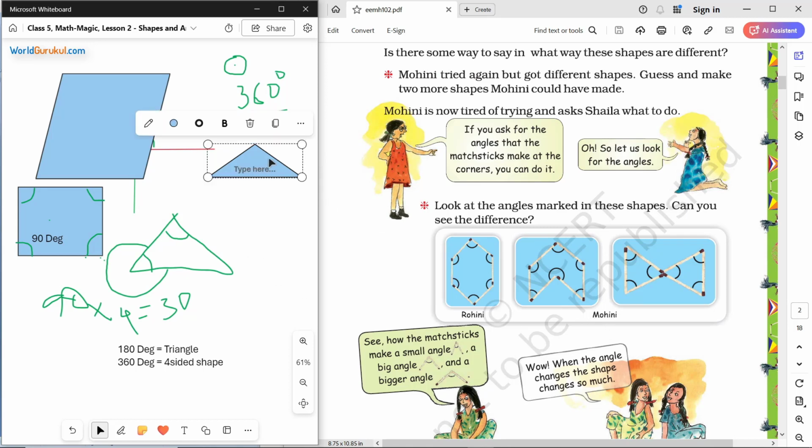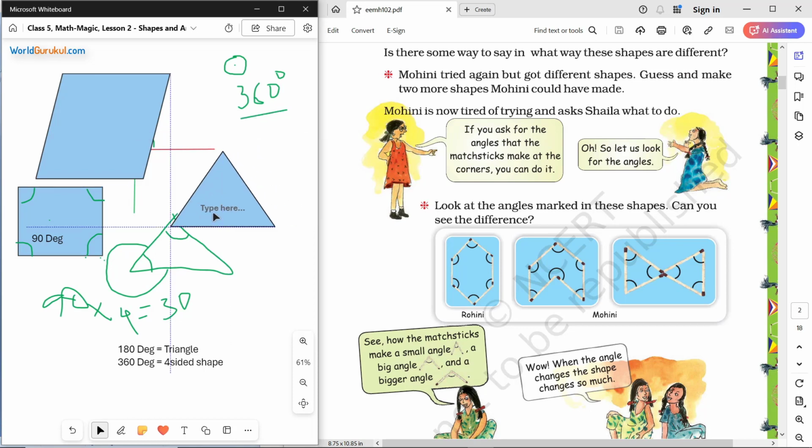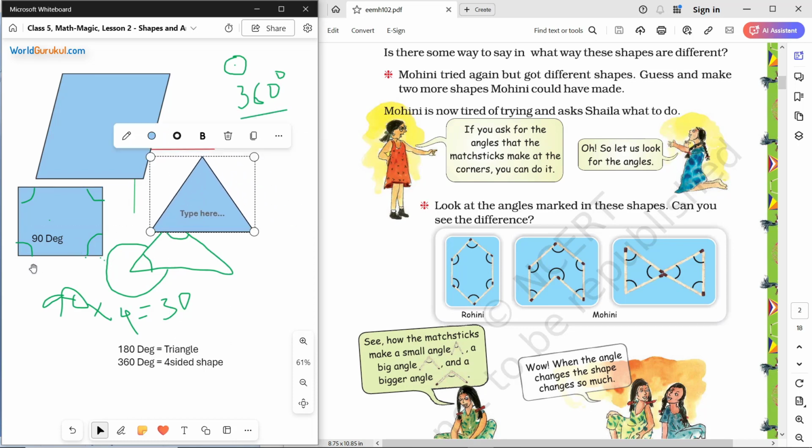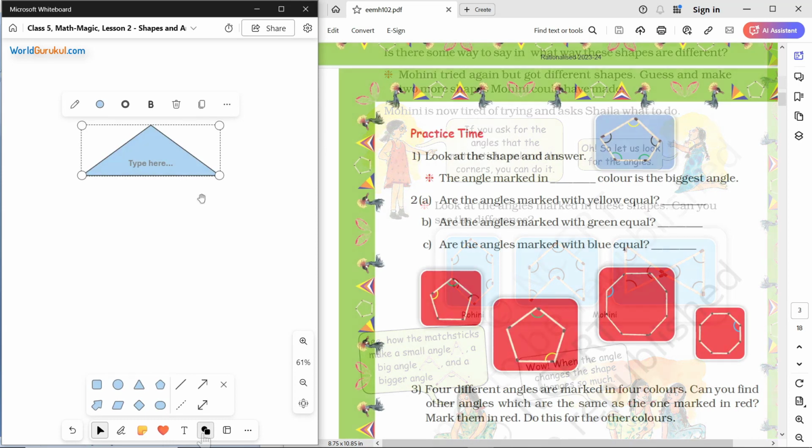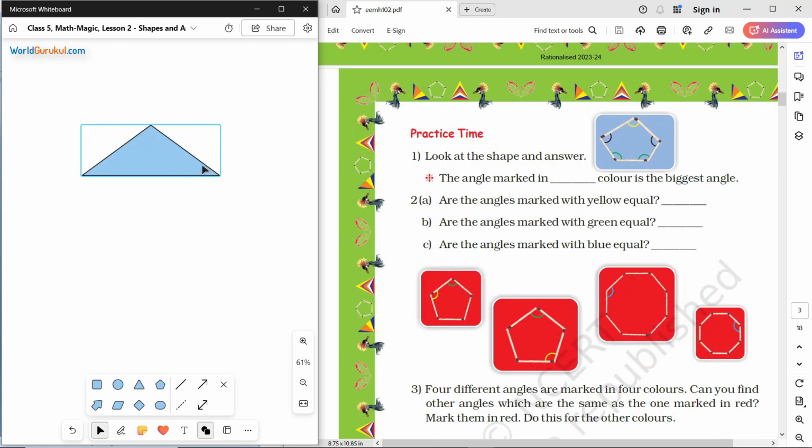See, when we are changing the angles of intersection, the shape of this picture is changing, right? Look at this triangle. Here this is a small angle and this is a big angle. Forget about the degrees or the measures, but we are making a big and small comparison here.